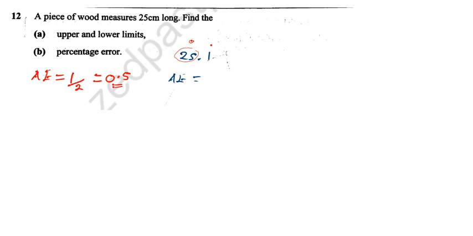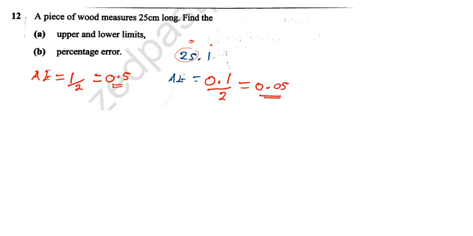So I write 0.1, and then we divide by 2. When we divide 0.1 by 2, we get 0.05. So that will be our absolute error if we had 25.1.